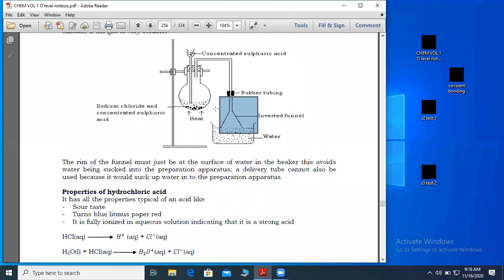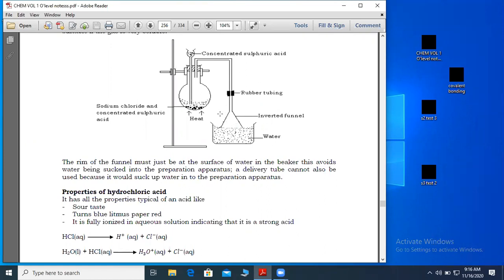Your answer, this inverted funnel stops water from flowing back to the preparation flask. This is the preparation flask. Many of you are saying it stops water from flowing into the inverted funnel. Look at how the funnel is. All the water that attempts to go back will be made to fall down again.